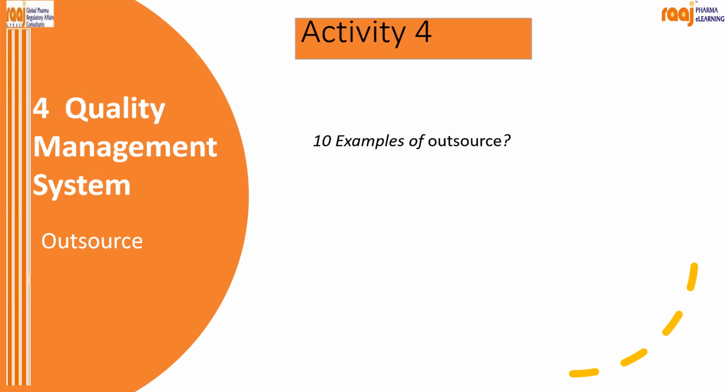Then pesticide control must be outsourced. Then annual fire extinguisher maintenance, and HVAC maintenance. HVAC preventive maintenance and calibrations, then water system qualifications, we can't do all that, so we may give it to some other authorized agent.